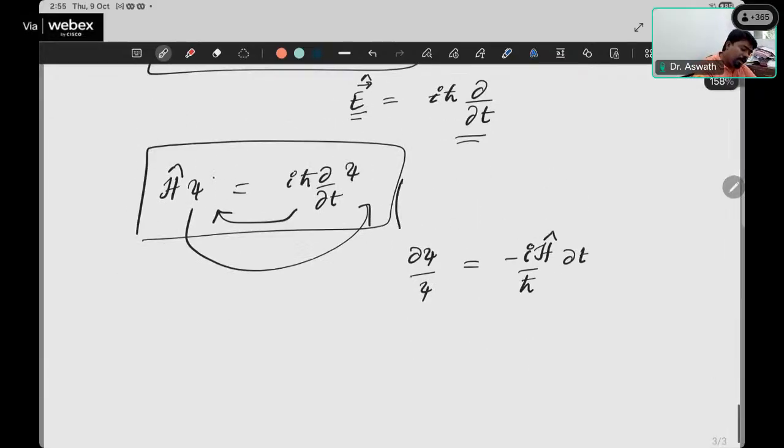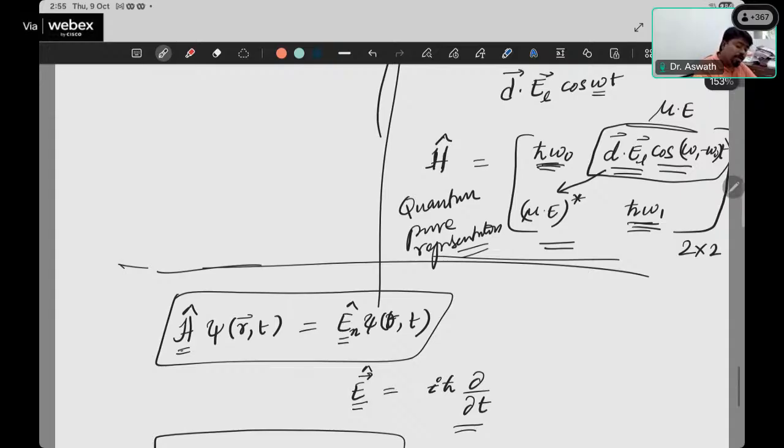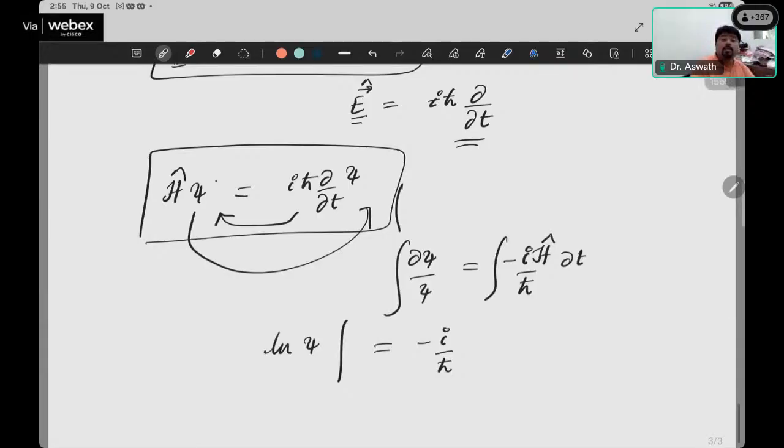Now you can integrate. When you integrate, I get a log of psi with some limits. On the right, I have minus i by h-bar. For the time being, I don't see any time dependence. For example, let's say the electric field is not oscillating, just a fixed value. In that case H is not a function of time, so it's independent of time, and H can come out.